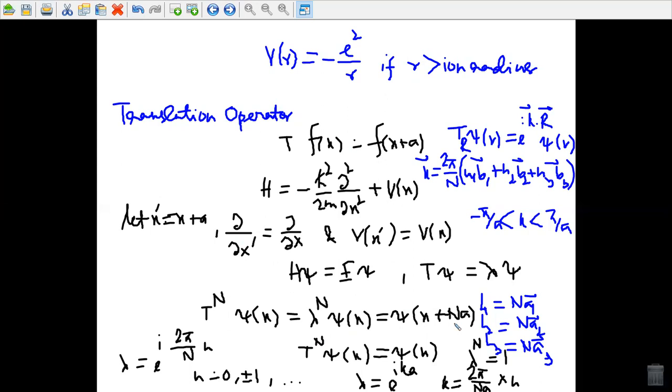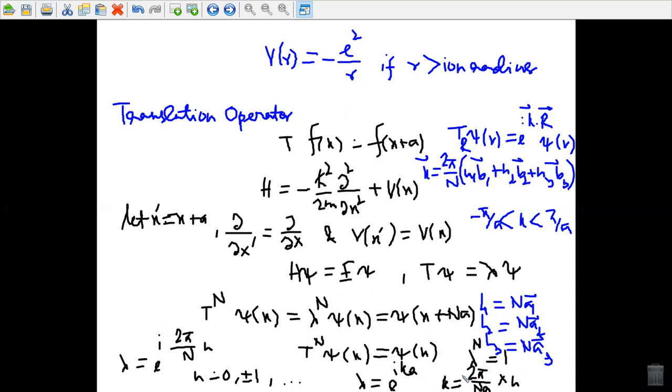If we apply periodic boundary conditions with period N, then simply psi(x plus Na) is equal to psi(x), and this implies T to the power N operating on psi(x) gives the same eigenfunction psi(x), so that lambda to the power N is simply 1.